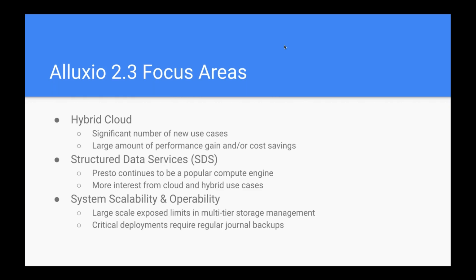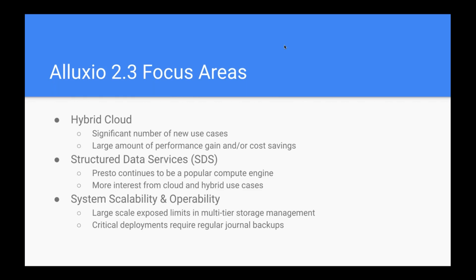And that poses a pretty significant challenge because they need to move the data over, they need to make sure that the APIs and security settings are fine. And we've seen a significantly new number of use cases where people have been using hybrid cloud with Alluxio in order to solve those challenges.